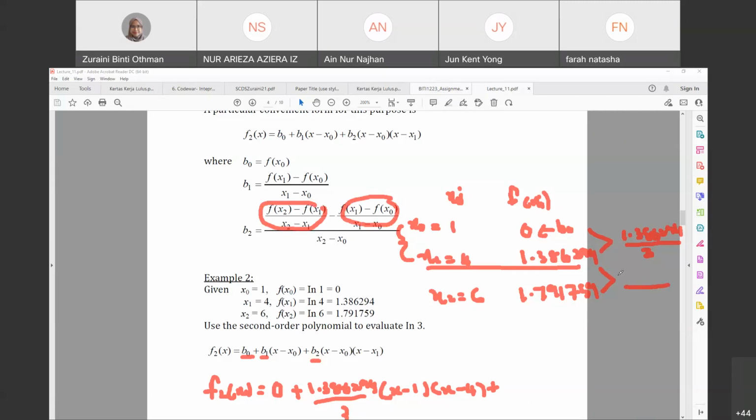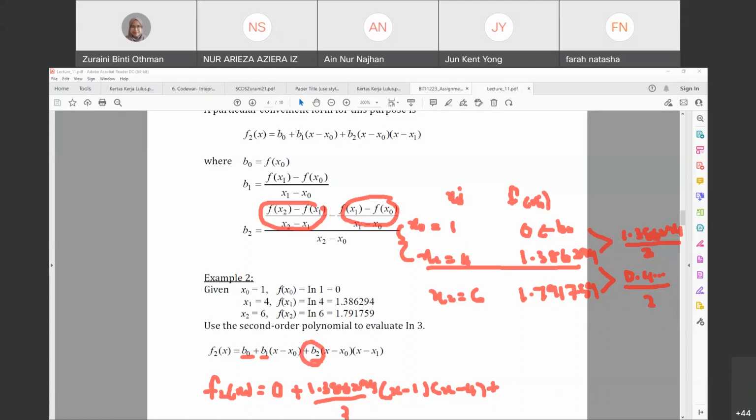Kita dapat dalam 0.4 something, right? Bahagi dengan 6 tolak 4 ialah 2.